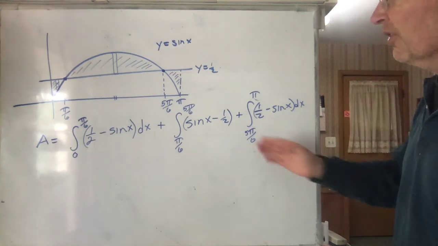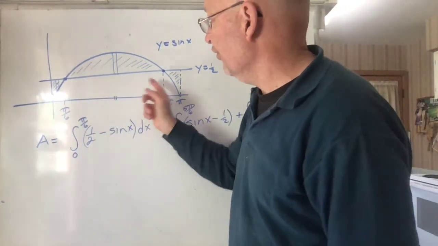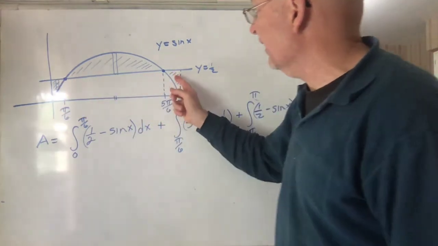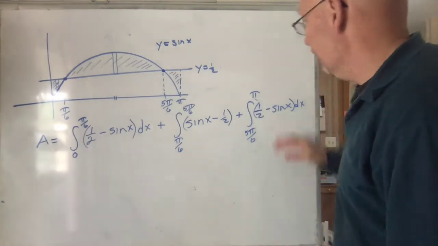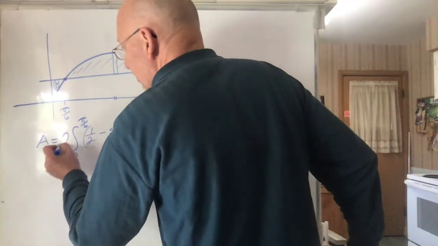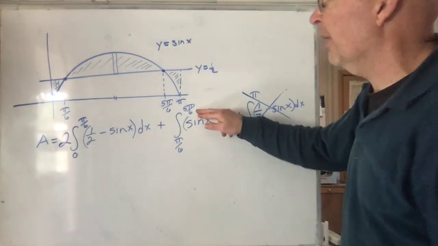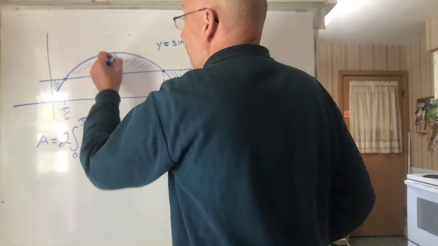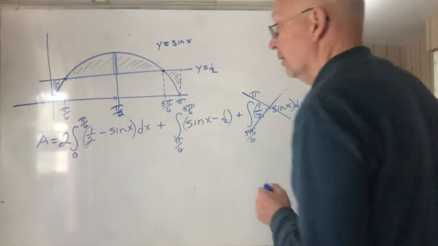There's some symmetry here. Let's take advantage of some symmetry. Notice just from the symmetry, this region is exactly the same as this. This half is exactly the same as this. So instead of evaluating this, let's just do 2 of these. And instead of going from pi over 6 to 5 pi over 6, let's just go from pi over 6 to the midpoint here, which is pi over 2.